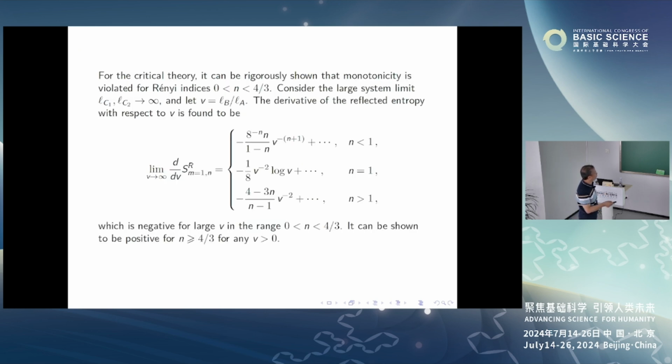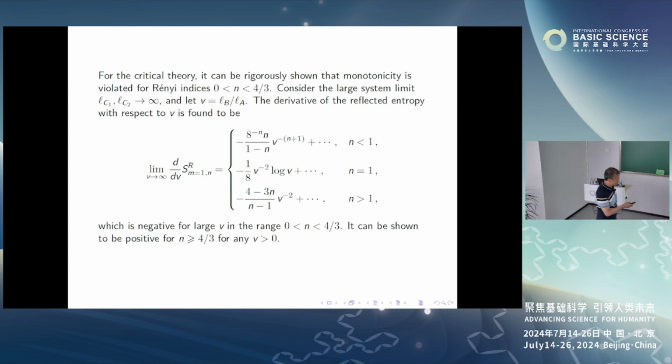But for the critical case, when omega equal to 0, we can actually do some analytical computation. The final result takes this kind of form. For n smaller than 1 or n equal to 1, it's negative. And for the case greater than 1, we have this numerator, which shows that when n is smaller than 4 over 3 it's negative as well, and it's positive for n greater than 4 over 3.